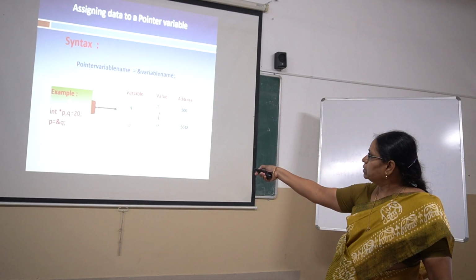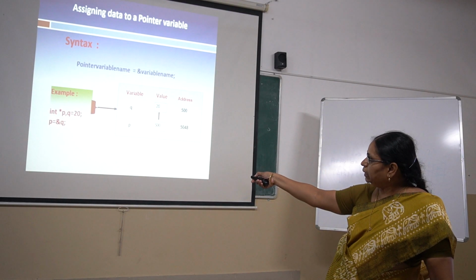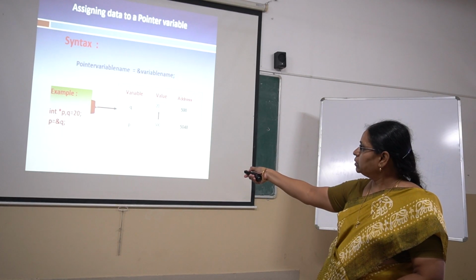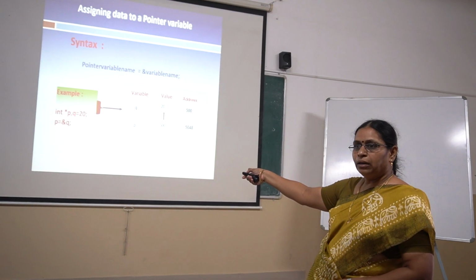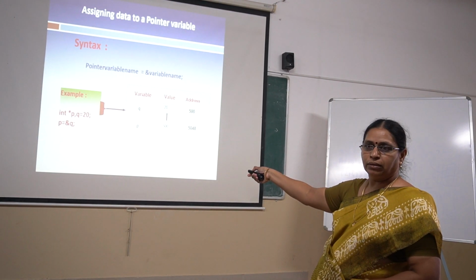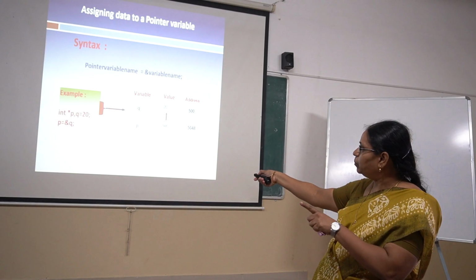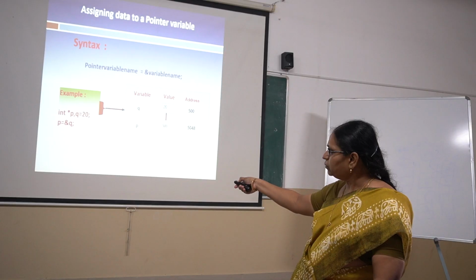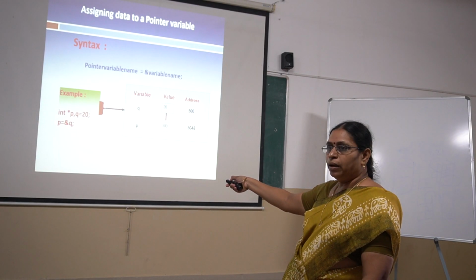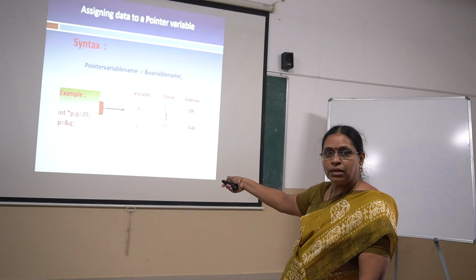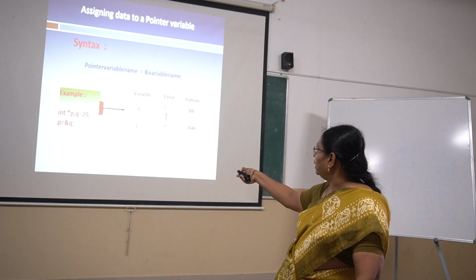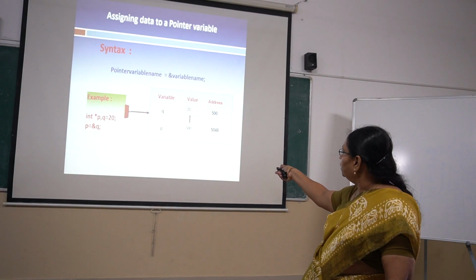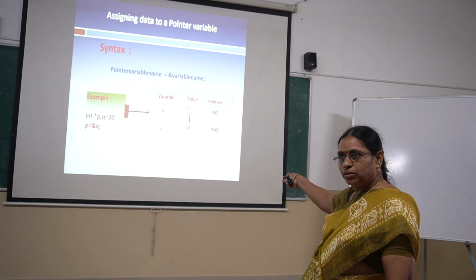Here is a sample. I have declared int *p, q = 20. Here *p denotes a pointer variable, whereas q is a normal variable containing the value 20. Then I have assigned the address of q to the pointer variable p. Here we can see the output: the variables, the values, and the addresses.